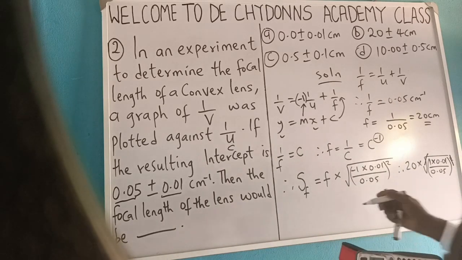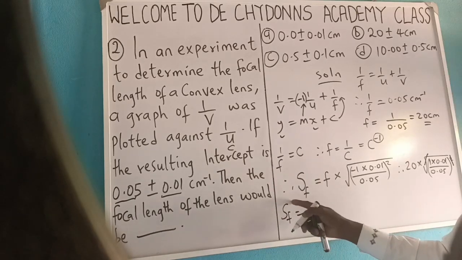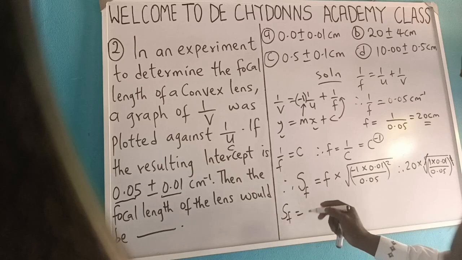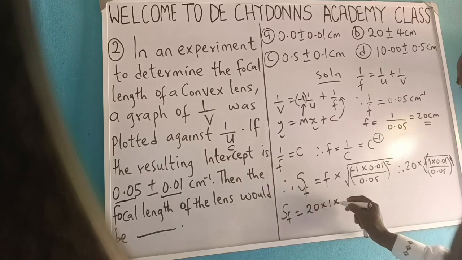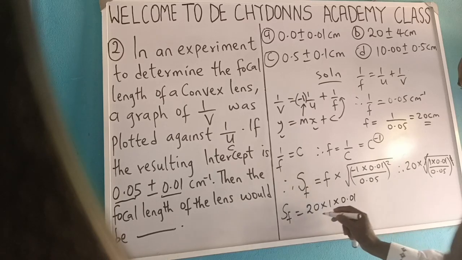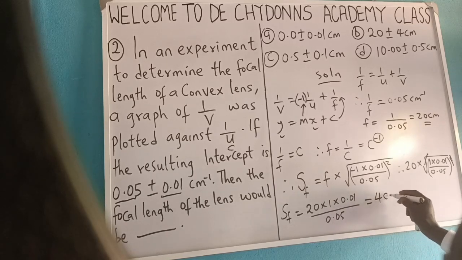So I will be pressing my calculator. S of f, the standard error in getting focal length, is equal to 20 times 1 times 0.01 all over 0.05. And that will be what? 4 cm.